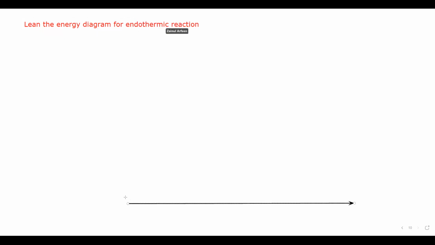So basically you have to learn this diagram for the endothermic reactions. What are the labels you have to learn? You have to memorize this diagram for endothermic reactions.